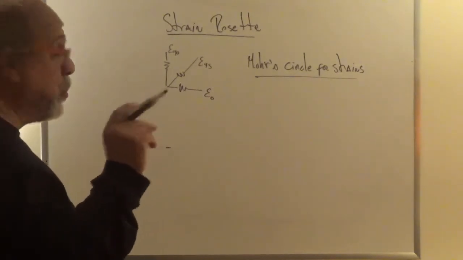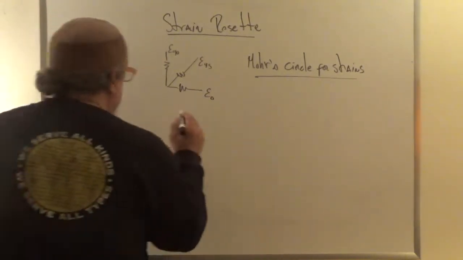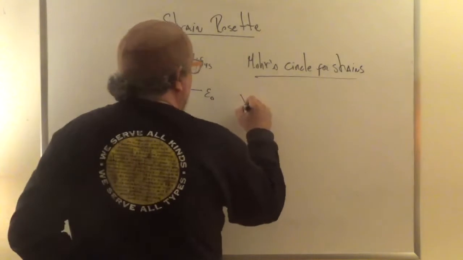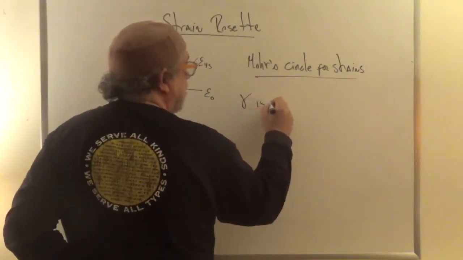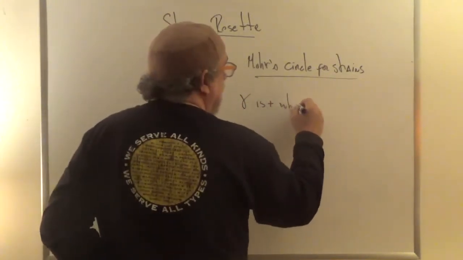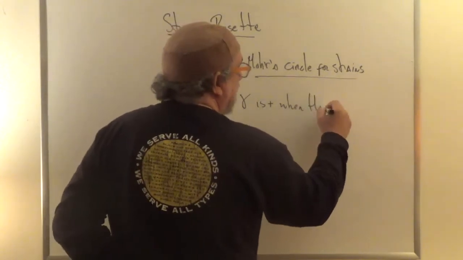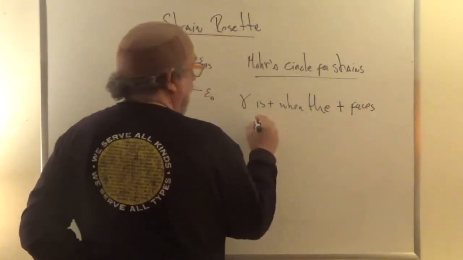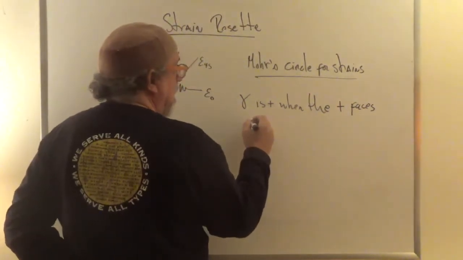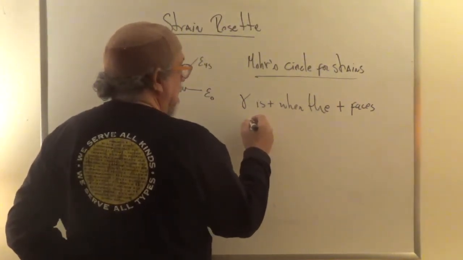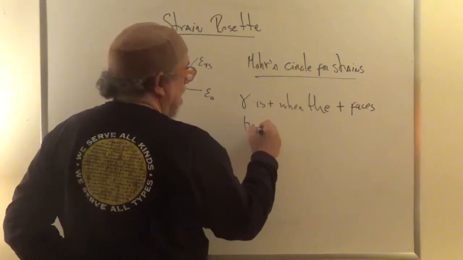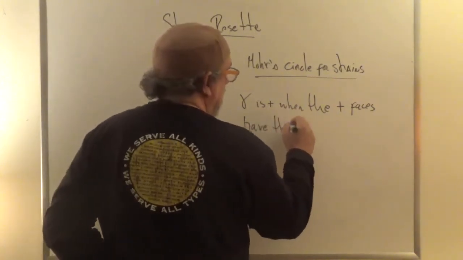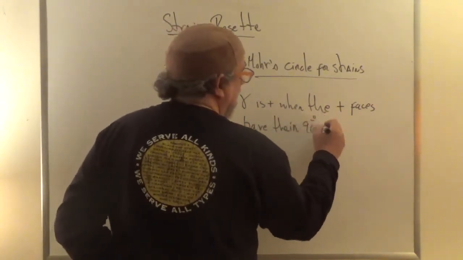There are two things to keep in mind, however, and they are as follows. Gamma is positive when the positive faces have their angle reduced.